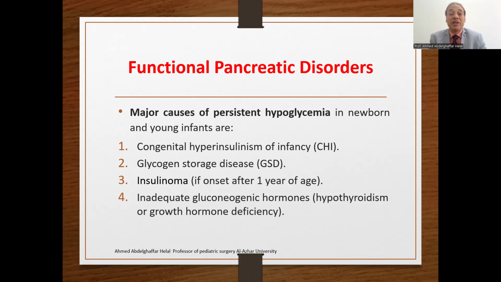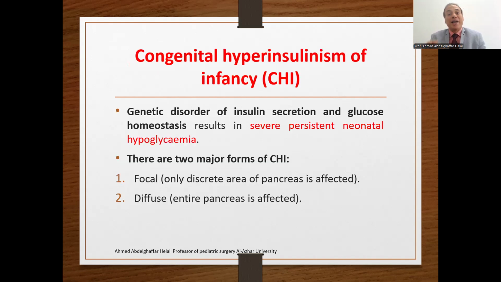Let's go into details on the first one, congenital hyperinsulinism of infancy, and what's the surgical role in these cases. It's a genetic disorder of insulin secretion and glucose homeostasis. There is a problem in the insulin secretion.